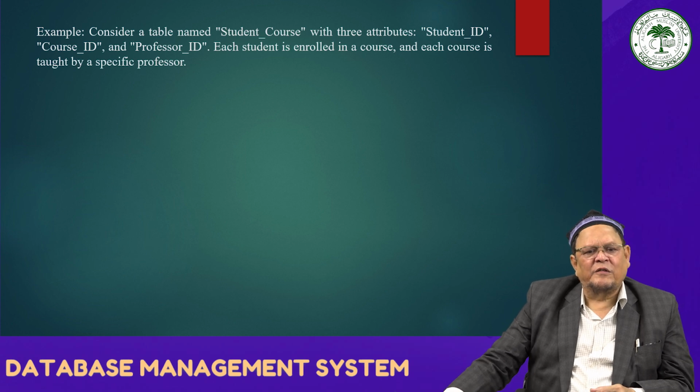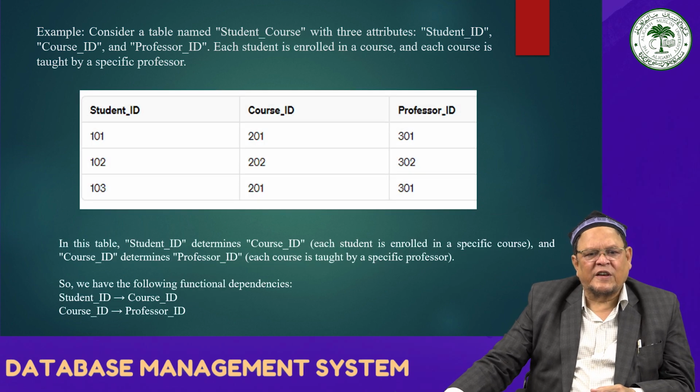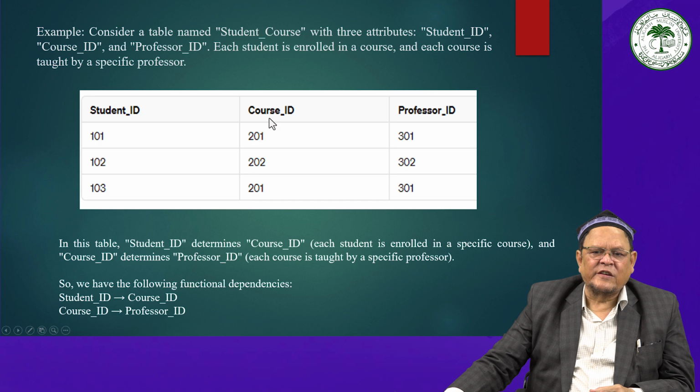So for that we have taken one example. You can see on the screen a student course table with three attributes: student ID, course ID, and professor ID. Each student is enrolled in a course and each course is taught by a specific professor.